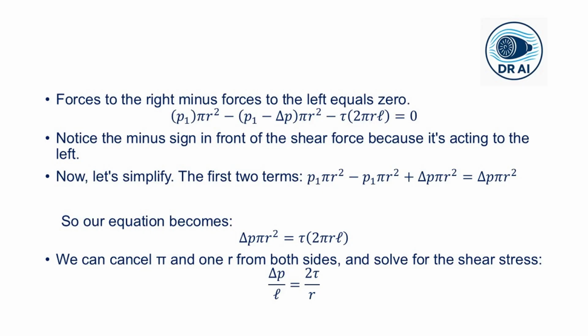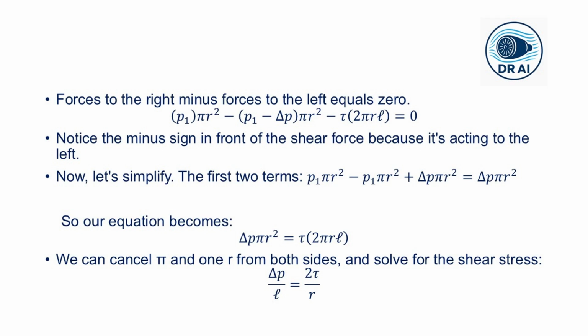So this is the fundamental balance equation. It tells us that the pressure drop per unit length, delta P over L, is directly proportional to the shear stress divided by the radius R. Now think about what this implies. The left-hand side, delta P over L, is a constant for a given pipe and flow rate.